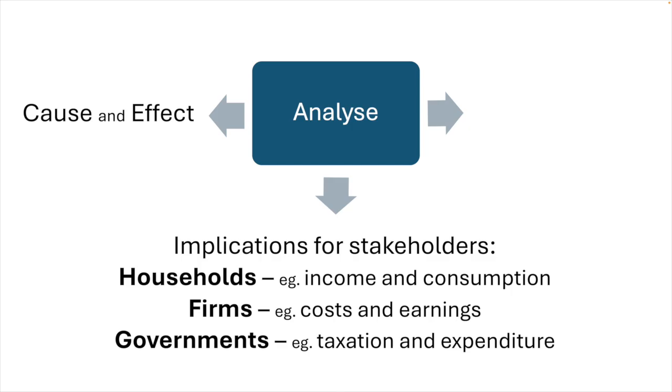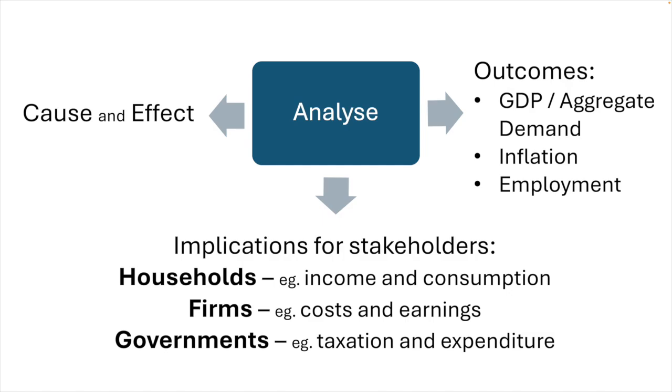To prosecute this analysis further and to get into some deeper understanding, you can then consider the outcomes on our macro indicators: GDP or aggregate demand, inflation and employment. For example, an increase in employment or a decrease in the unemployment rate will likely lead to higher national incomes, which will lead to higher levels of consumption, which should in turn increase the level of aggregate demand in society, where C is one of the functions in the AD formula.